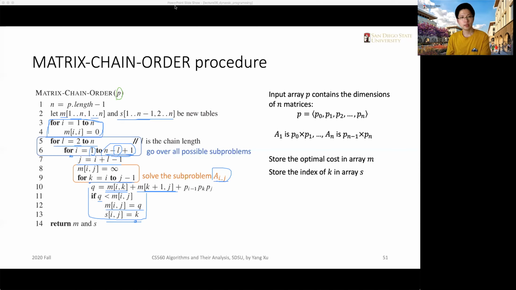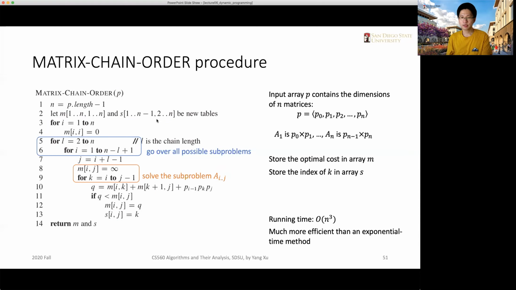Okay, and in the next class, we'll go through a simple example of this procedure. And here, we just need to realize that this is a pretty good implementation because it's just three for loops. Although it's not ideal, it's much better than the exponential time algorithm.